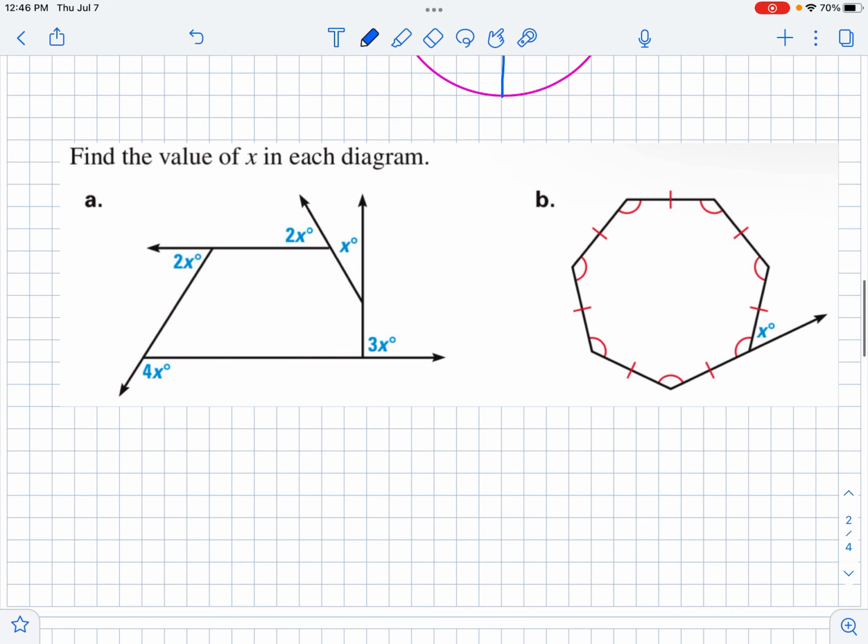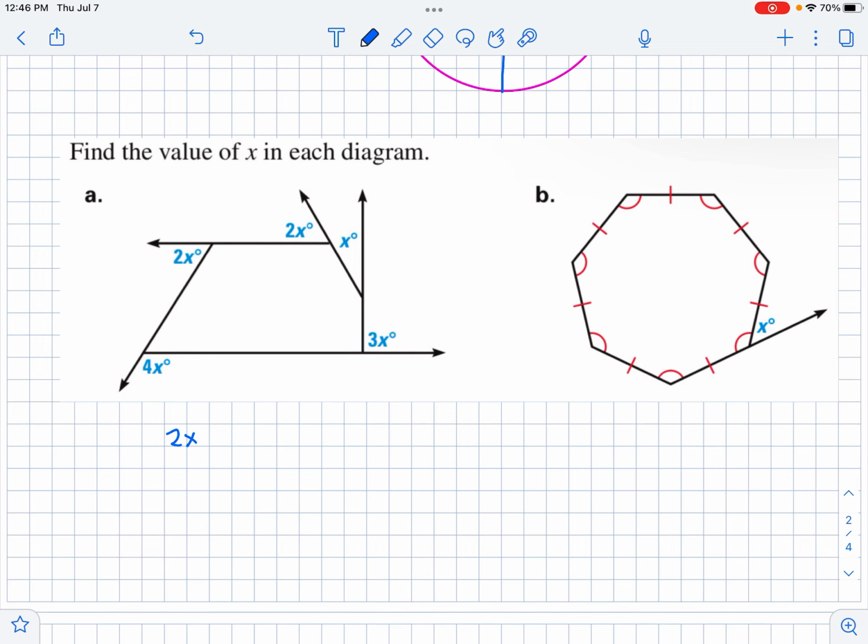Okay, so let's see if we can use that to solve a couple of problems here. Find the value of x in the diagram. So here we go. We have these exterior angles: 2x plus 2x plus x plus 3x plus 4x.